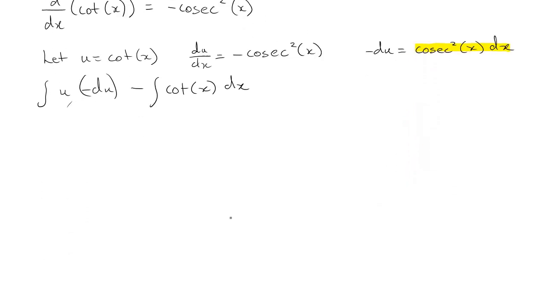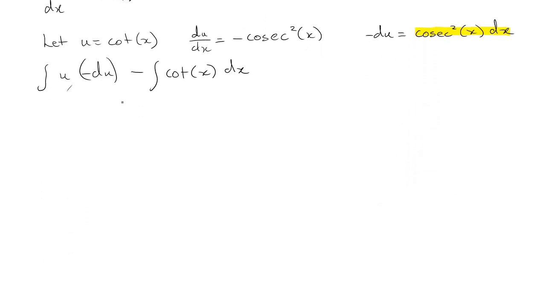Now we're going to clean this expression up. We take out the negative, and this cot expression I will expand into cos x over sine x.